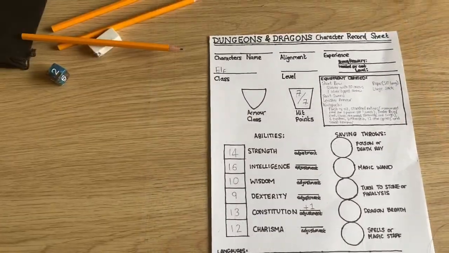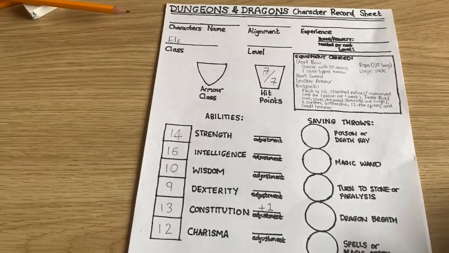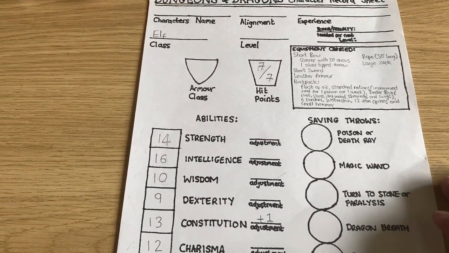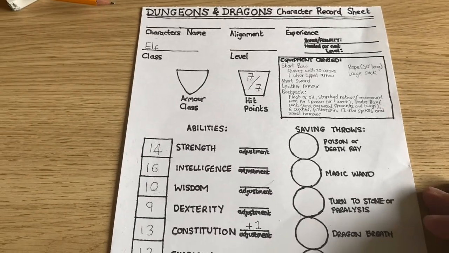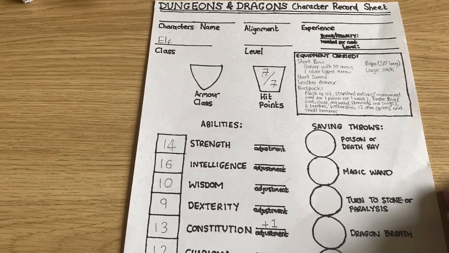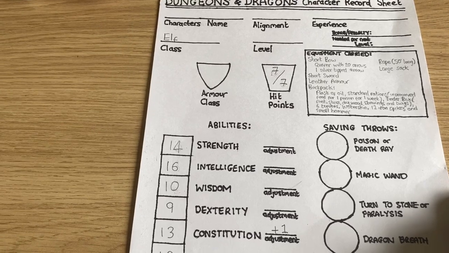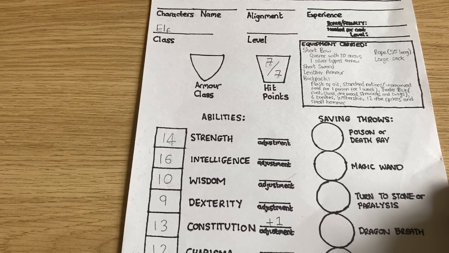So the next obvious step is to choose the equipment you want to buy from the player's manual for your character. And before you do this, I'd advise reading the full description in the player's manual of the class you've chosen, just to find out what sort of proficiencies they have and special abilities.